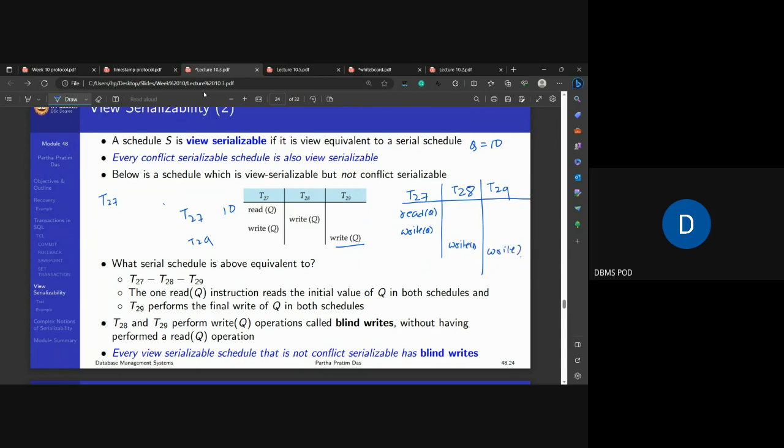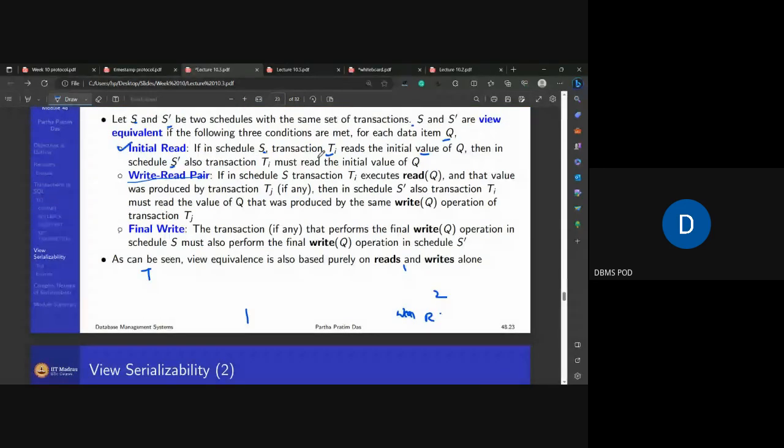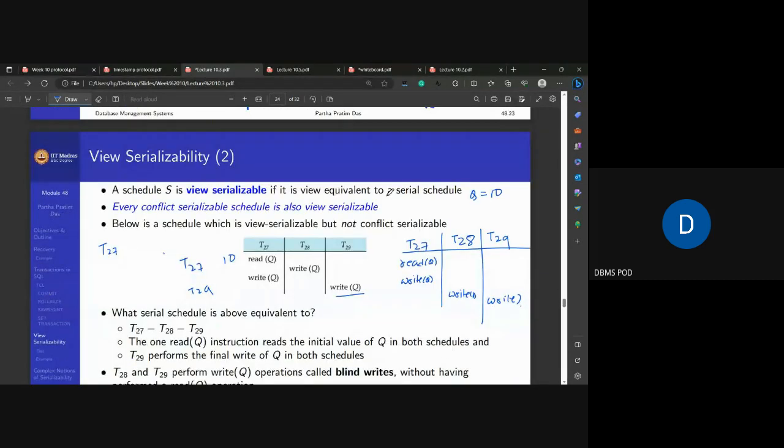So what is the initial read? If in schedule S transaction T reads the initial value of Q, then in schedule S' transaction T must also read the initial value of Q. Suppose this is S, so initially T27 executes, and in S' also the initial read will be by T27. So the initial read is satisfied.